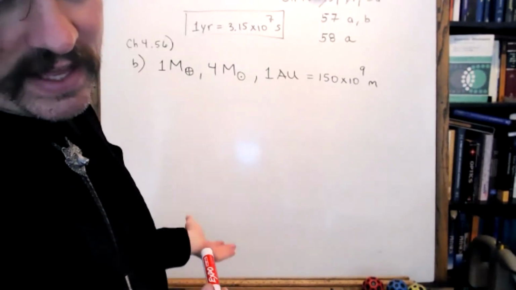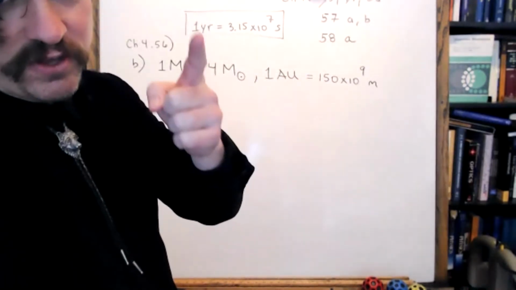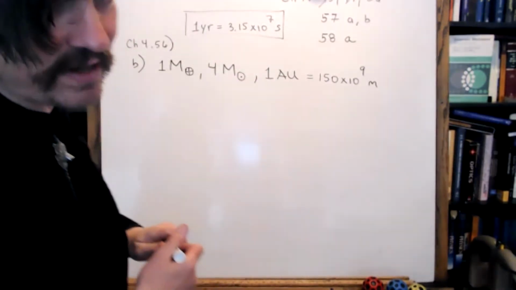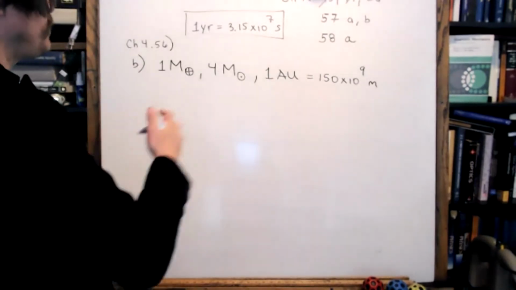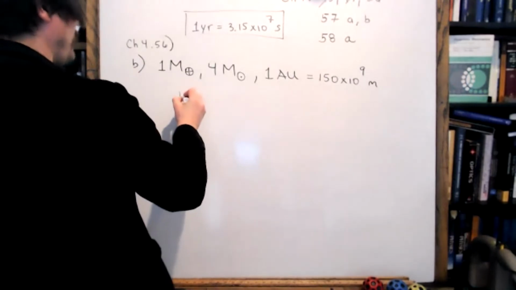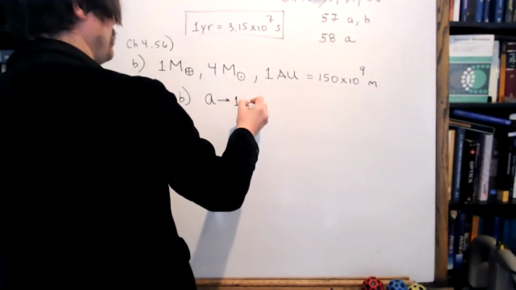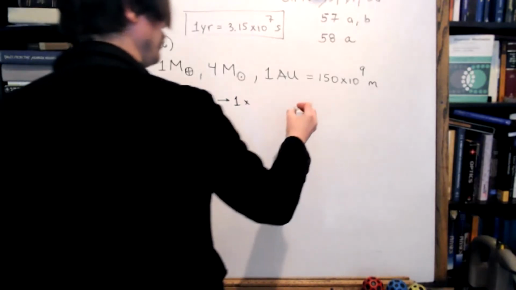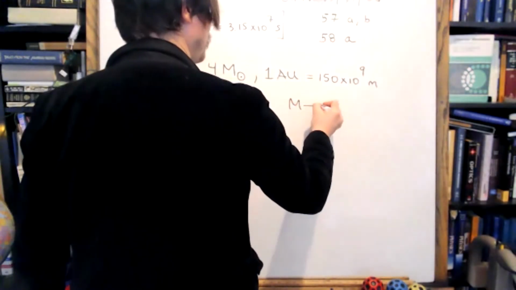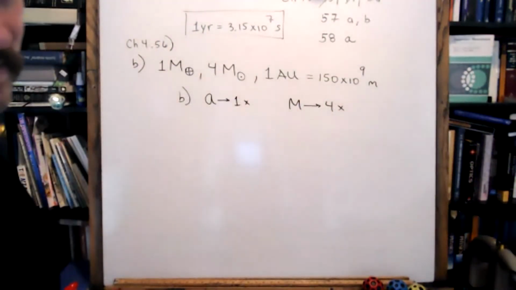Now, I don't know about you guys, but that didn't seem so simple to me, did it? Unless you were good at proportionality arguments. Look at it from the point of view of the kind of thing we did in the first problem. In part B, you had a distance that was the same, 1 AU, but a mass that was varying by a factor of 4 times.